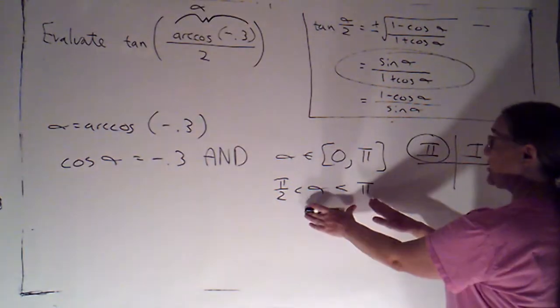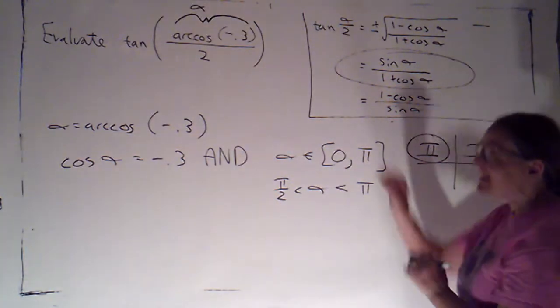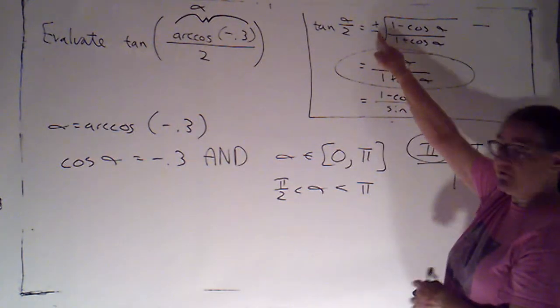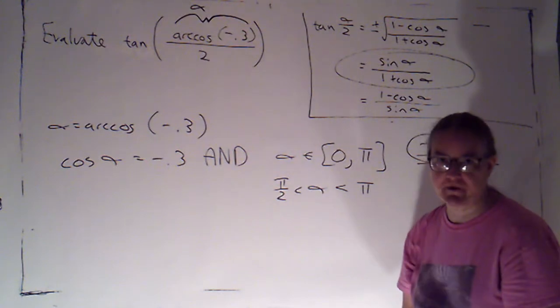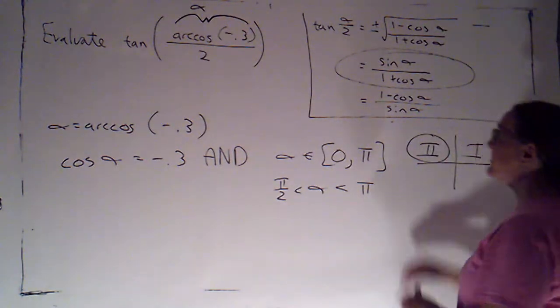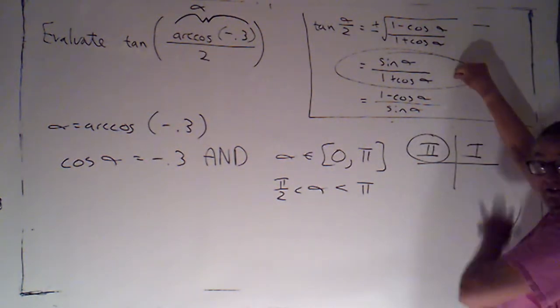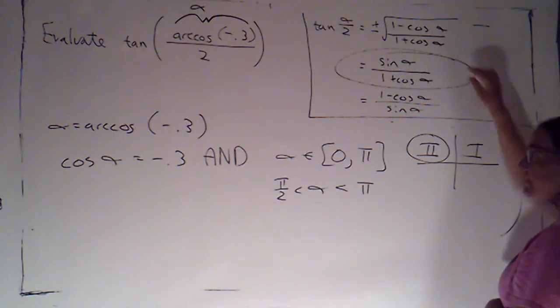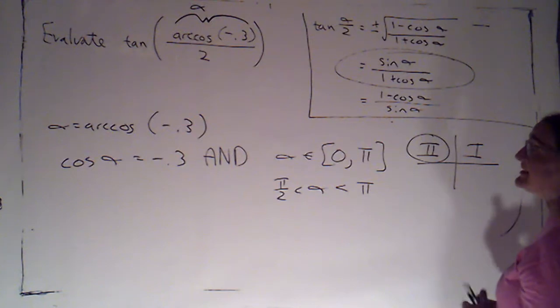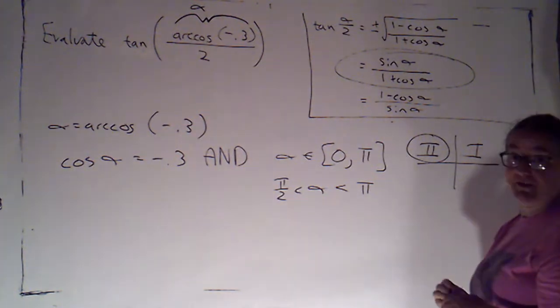Now, I wrote this because if I were using this version of the formula, I would have to divide this by 2 so I could figure out where alpha over 2 was. I can skip that step because I'm using this formula and there's no plus or minus, so I don't need to know where alpha over 2 is, but I do still need to know where alpha is because I need to know what sine of alpha is.